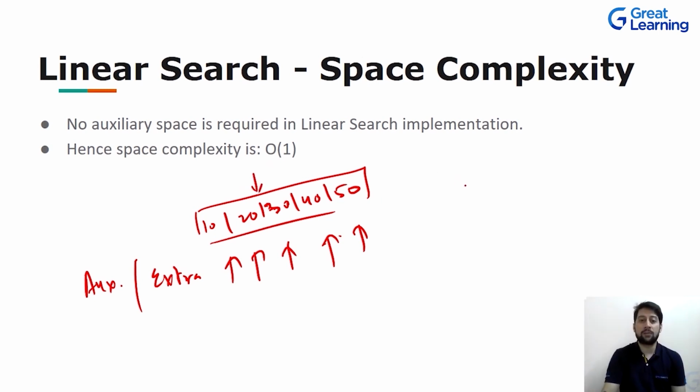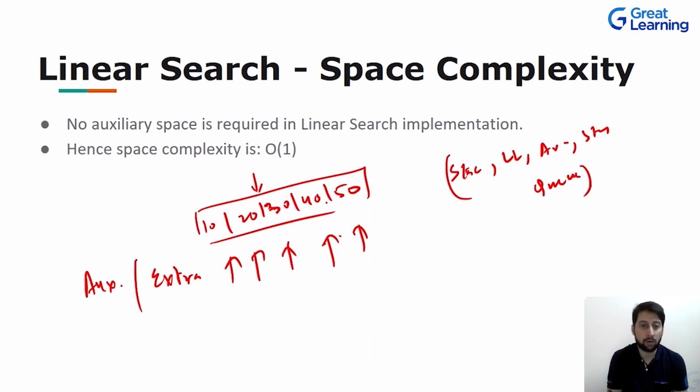We are not using any auxiliary memory, such as a stack, a linked list, an array, a string, or a queue, because they are not required. We are searching for an element in this particular array that was given to us. So the space complexity of linear search is constant. We were able to find it in a constant amount of space. We are not using any extra space.